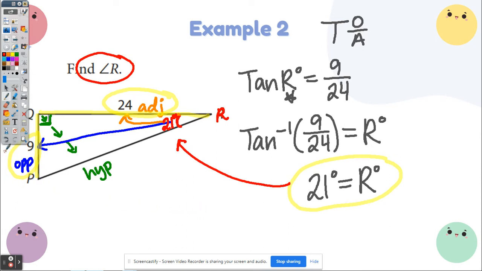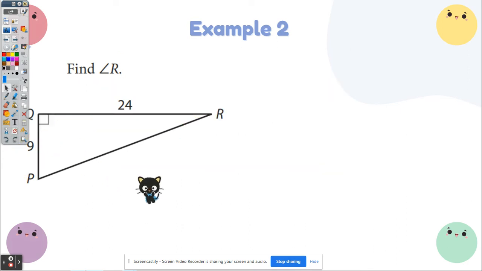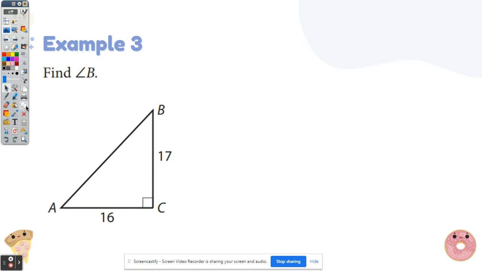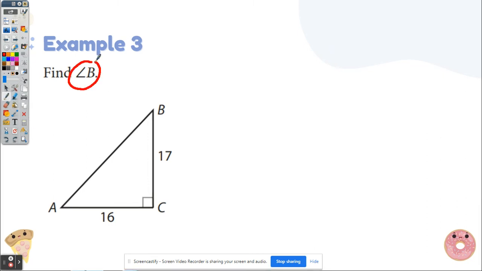Now for example 3, I'm going to make it a little bit more difficult. All right, so for example 3, let's start out with the question that they have. They want you to find angle B. So if they want you to find angle B, I will highlight it in red so we know what we're doing.